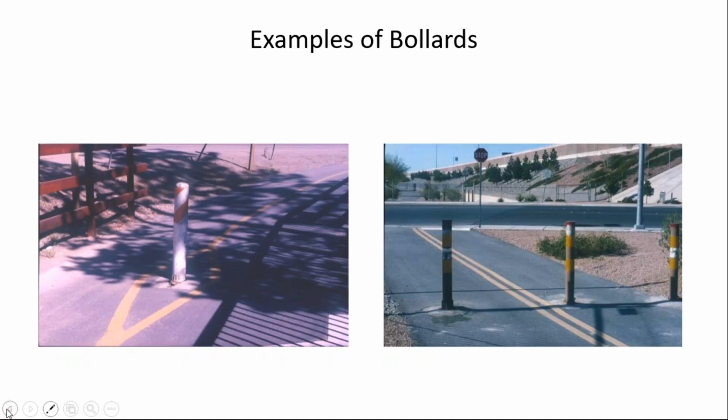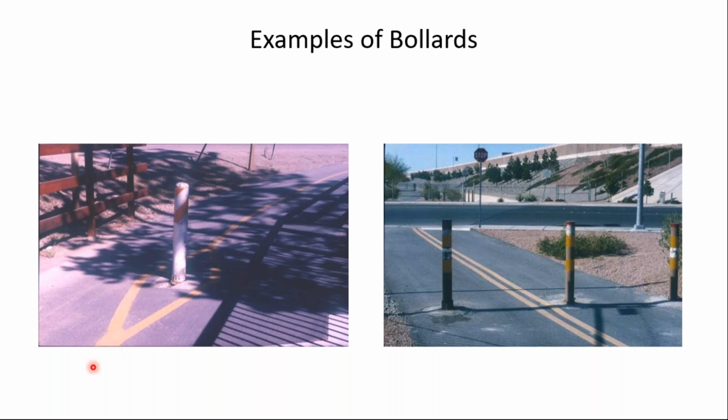Here's some examples on the left. It's in the shadows here, given the time of day, but I think this is a relatively good installation. Notice the bollard is painted white for the most part, to enhance visibility. And then it's got maybe a foot wide strip of orange and white diagonal reflective tape wrapped around it to enhance both daytime and nighttime visibility.